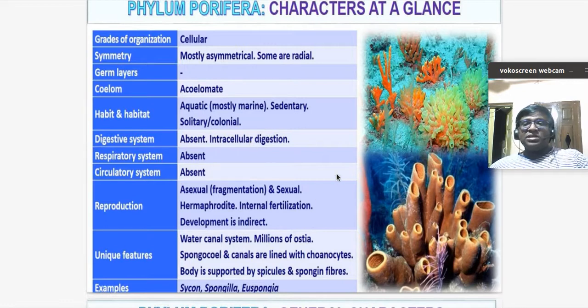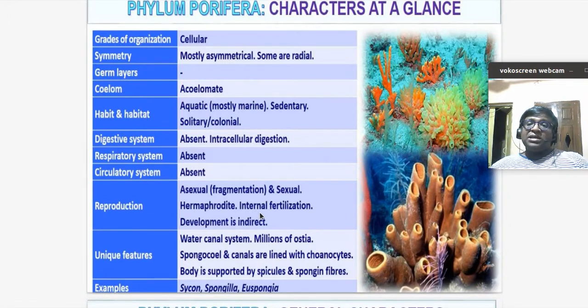Reproduction is by asexual methods. If they undergo fragmentation, see the Scypha, that fragment can develop to form a new sponge or new individual. A sexual method of reproduction is also noticed, where the gametes fuse to form the zygote and develop into sponges.